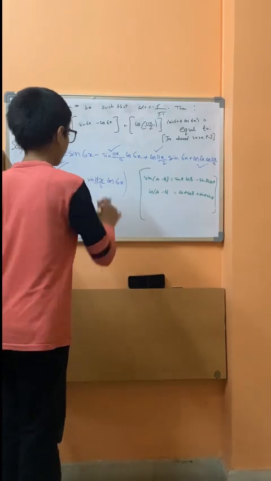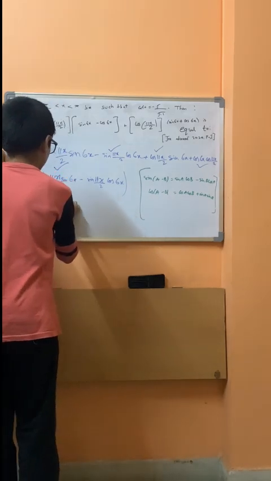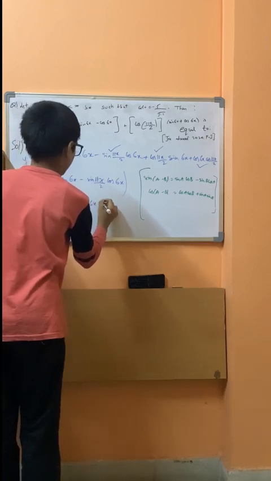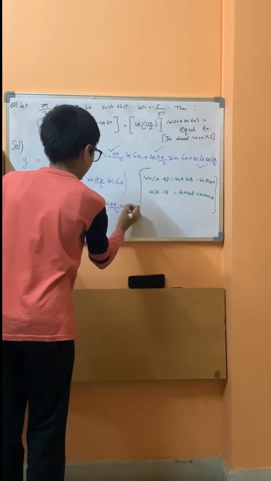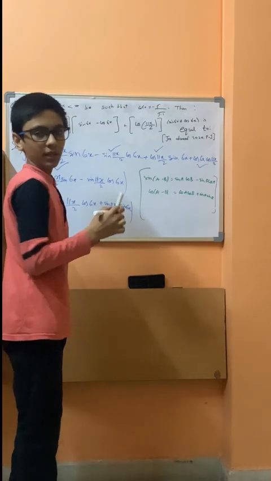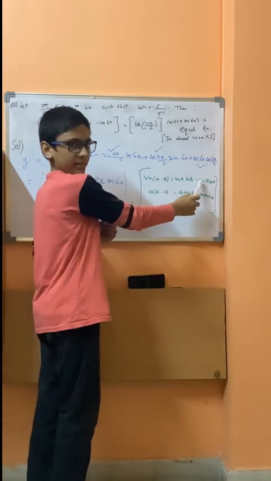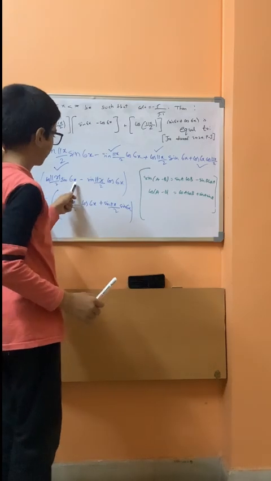This is what we get for the first bracket. For the second bracket we get, now as per the formula that sin of a minus b is sin a cos b minus sin b cos a. So we can clearly see that this is b and this is a.